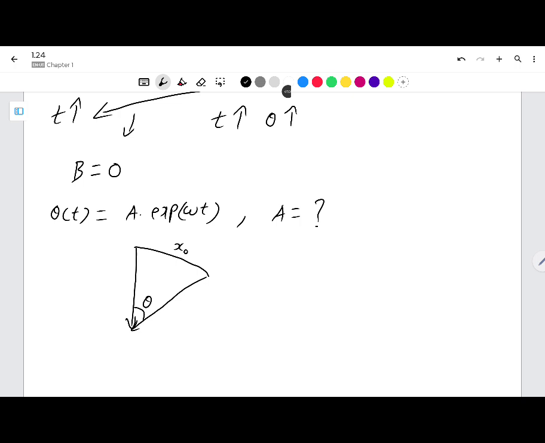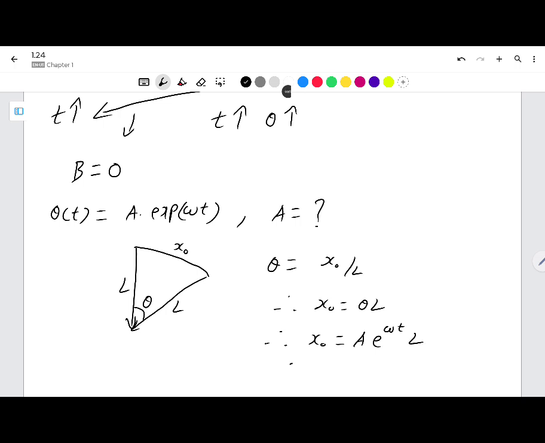This is theta, this is L. So theta is equal to x0 by L, which gives us x0 as theta times L. Also, we know that this theta is a times e power omega t.